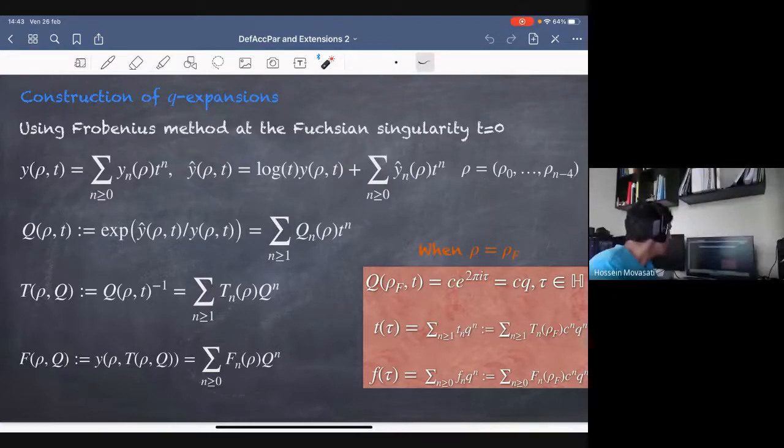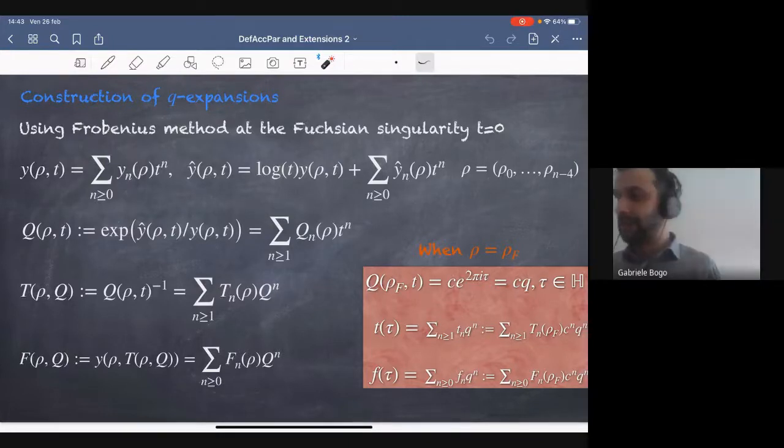Maybe, Gabriele, you assume that there is a holomorphic solution at t equals 0, you assume a specific Riemann scheme? Yeah, but it is a general property of the family of differential equations that I showed at the beginning. They also have 0 exponents at every singular point.